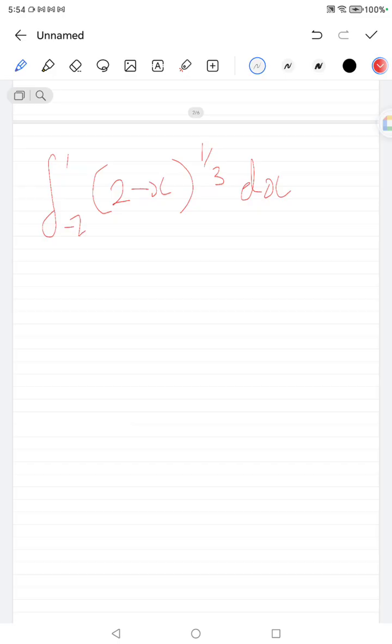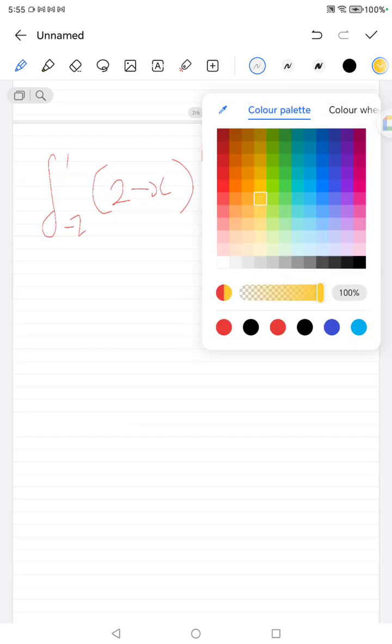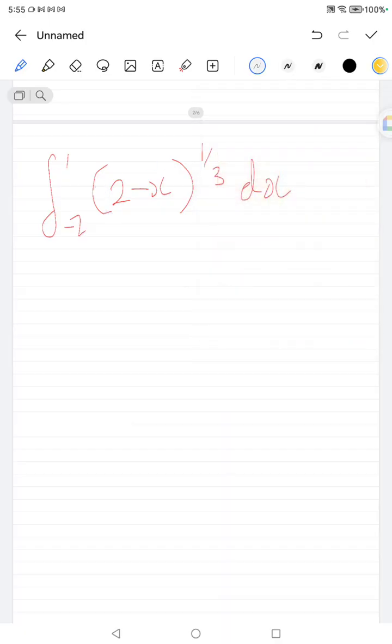Remember the step: whichever region you choose must have a clear derivative. If we choose this region here, it has a clear derivative, which is minus 1. So you can say let du equal 2 minus x.